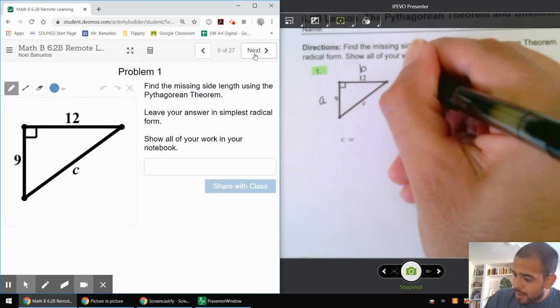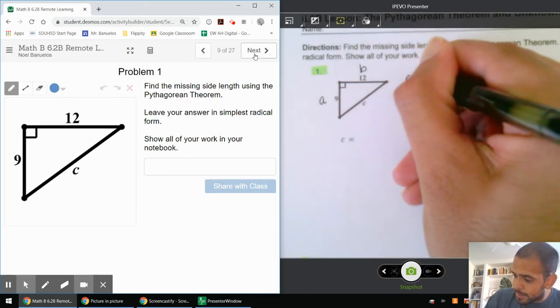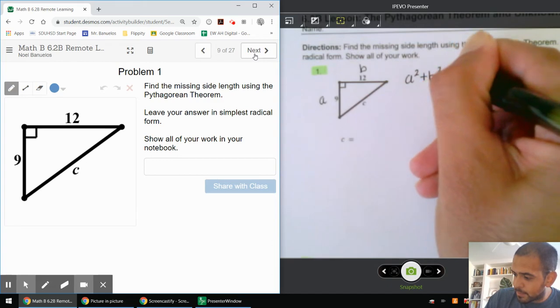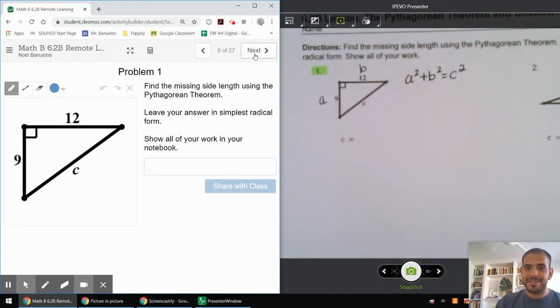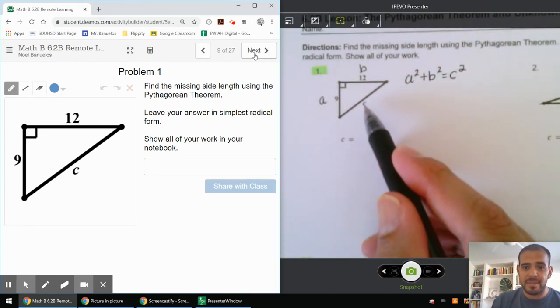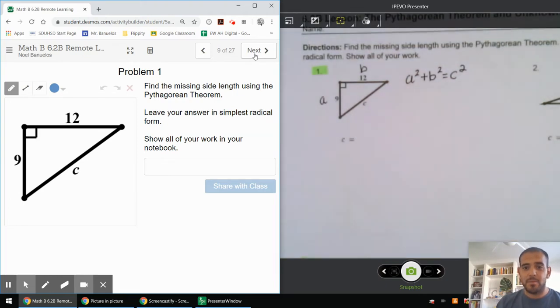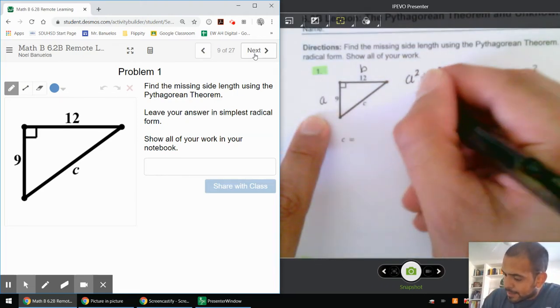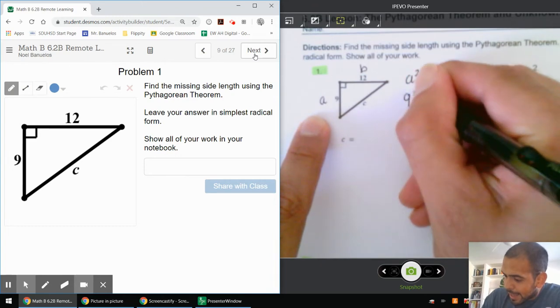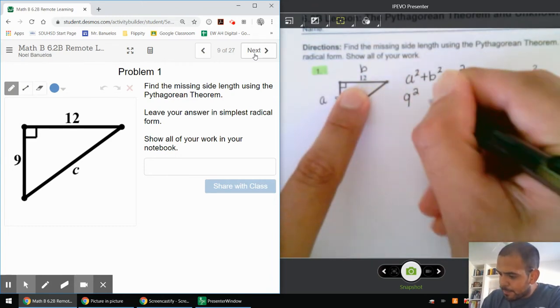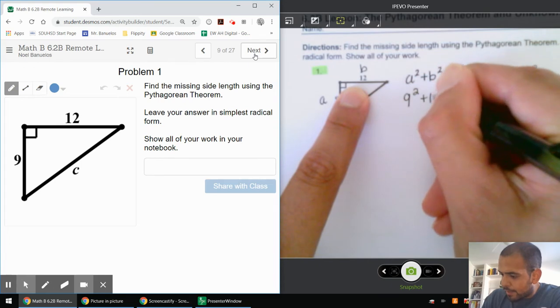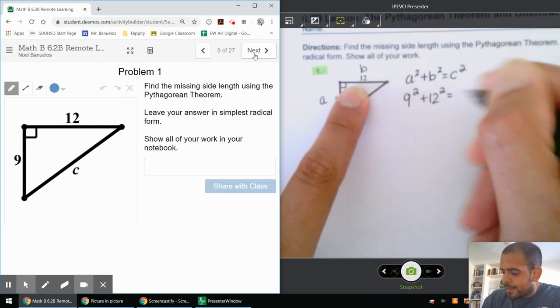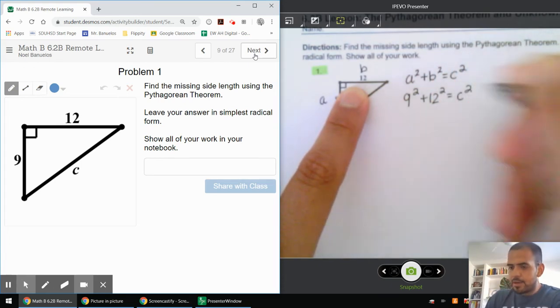So a squared plus b squared equals c squared. So we're going to use the Pythagorean theorem to figure out the side length of this hypotenuse. What's the measurement of that? Okay, so a is 9, and I have to square it. B is 12, and I have to square that to find what c squared is.